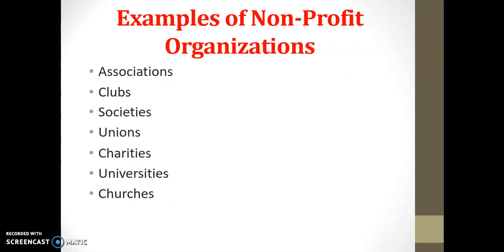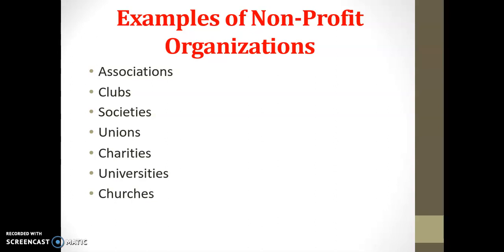So what are some examples of nonprofit organizations? You have associations, clubs, societies, unions, charities, universities, churches. Some of these may be various small charities, where you will have charities that help homeless people.